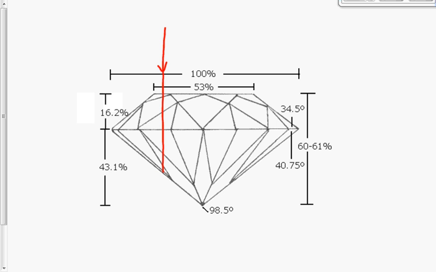As it goes into that diamond right here, it slows down pretty dramatically. That's why you can see the boundary between the air and the diamond, because it slows down. Then it hits another boundary down here between the diamond and the air. You can see that the angle involved here is actually fairly small. But because diamond has such a high index of refraction, it also has a very low critical angle.